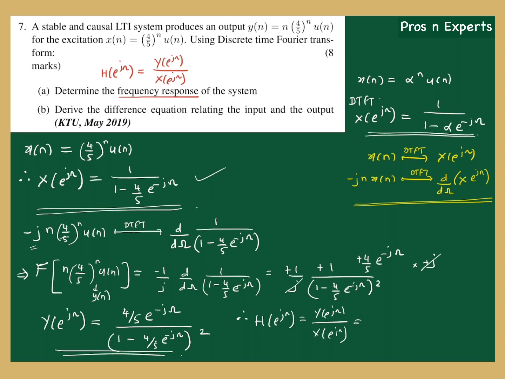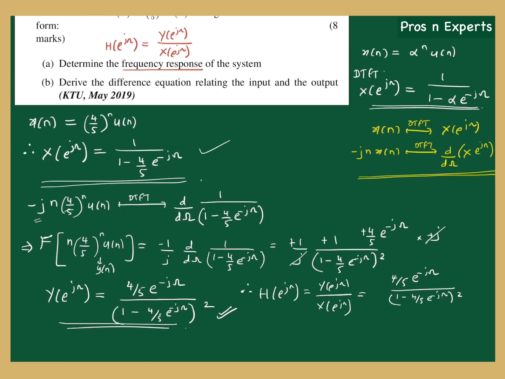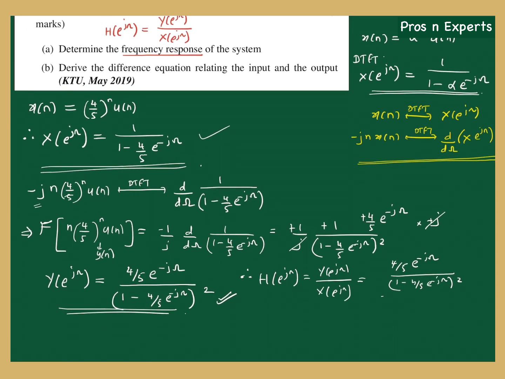So Y of e raised to j omega is 4 by 5 e raised to minus j omega divided by 1 minus 4 by 5 e raised to minus j omega the whole square, whole divided by X of e raised to j omega, that is 1 by 1 minus 4 by 5 e raised to minus j omega, and one factor cancels.